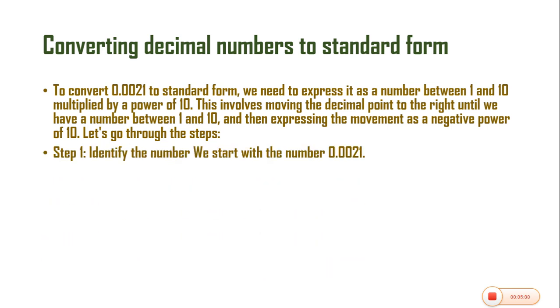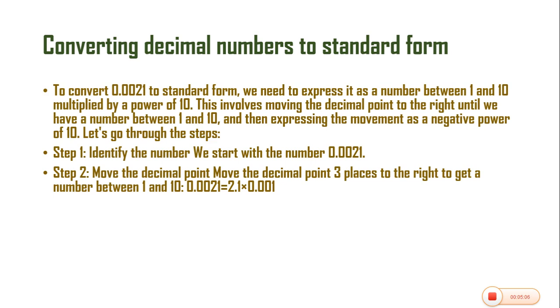Step 1. Identify the number. We have the number as 0.0021. Step 2. Move the decimal point 3 places to the right. After the decimal point, you have 4 figures. 4 minus 1, you have 3. That's why I'm moving 3 places to the right to get a number between 1 and 10.